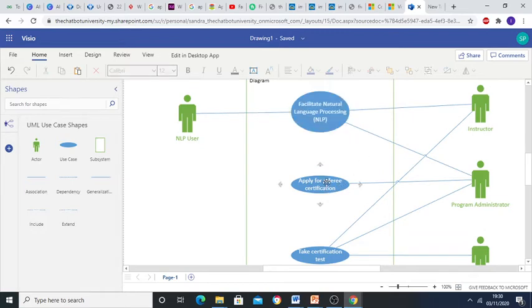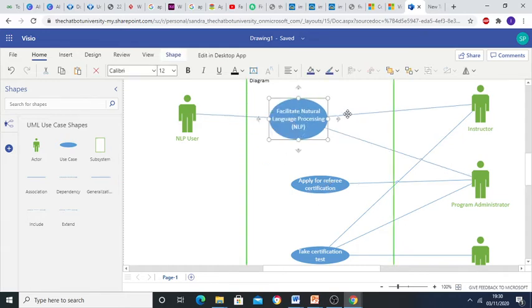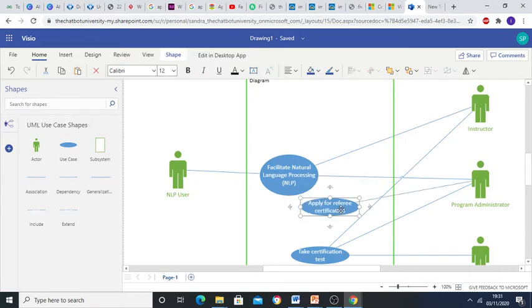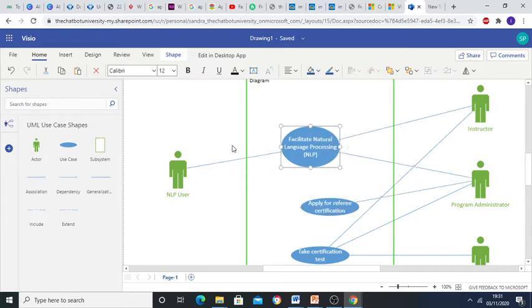So I've done that. And so the next thing to do now is, NLP is quite a vast area. NLP is huge. And one thing about NLP is that there's a number of use cases that are also triggered. There are child use cases.